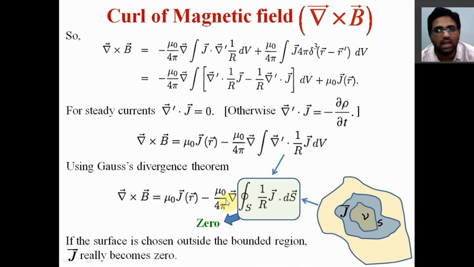So it will add nothing to this integral, right? Now the essential point is that on the boundary of this surface the current is 0. All currents are safely inside this surface. Okay, and hence the surface integral vanishes and we are left with this term.